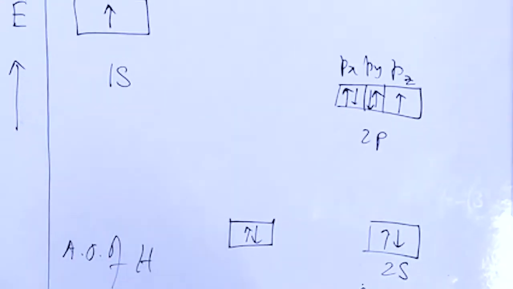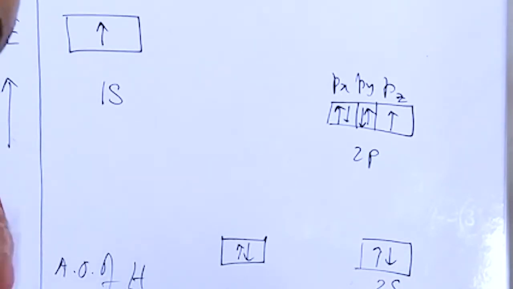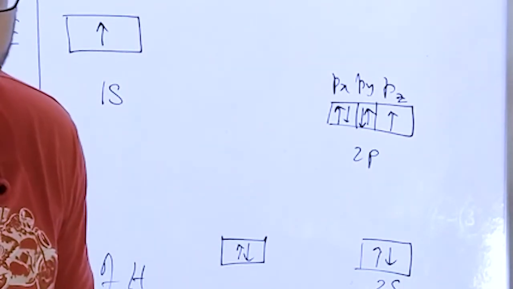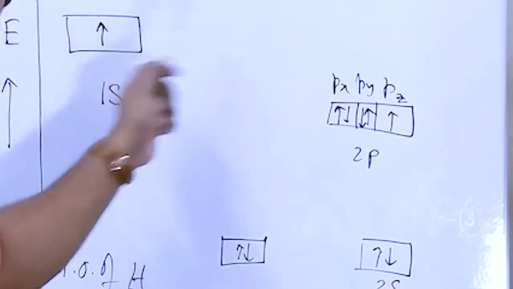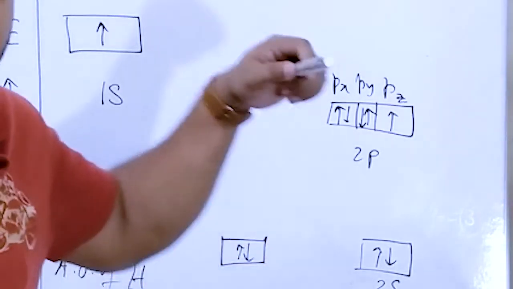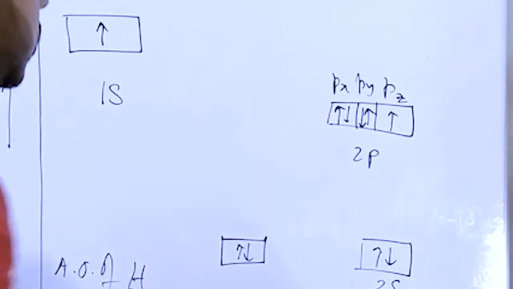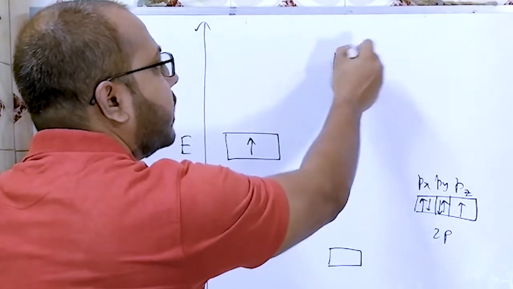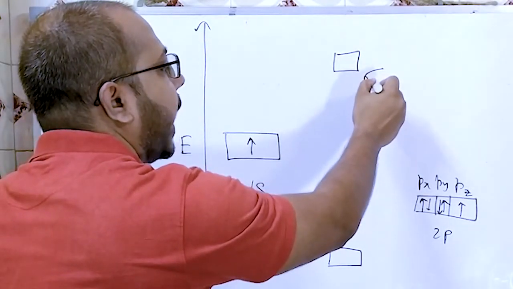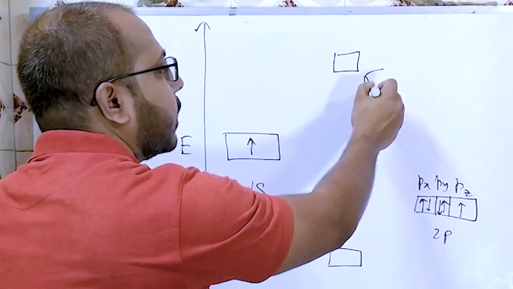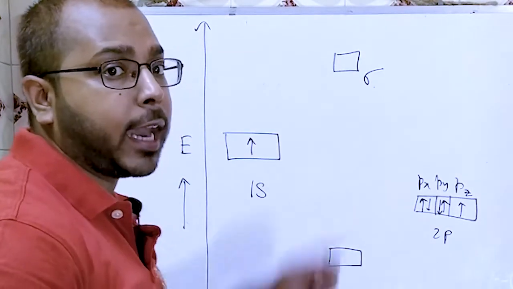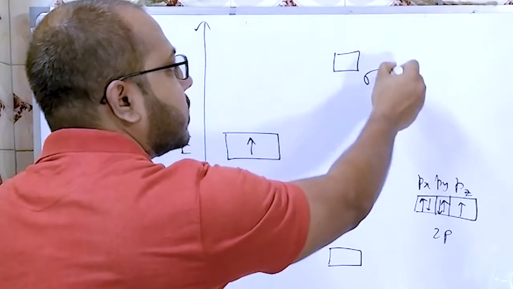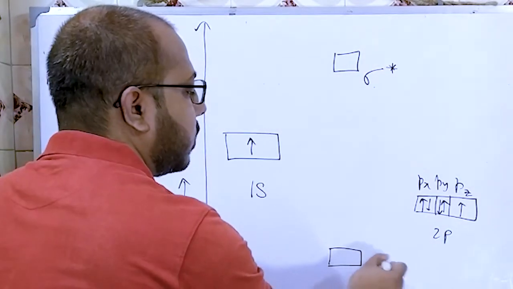Now this px, if the x-axis is considered as the bonding axis, then 1s and 2px will form sigma, fine. And obviously it will have anti-bonding. So this is sigma star, this is sigma.